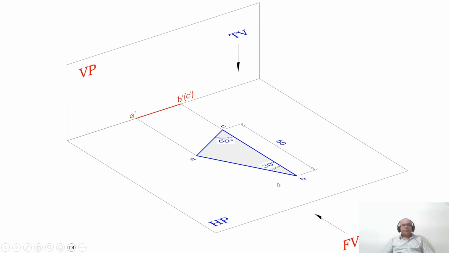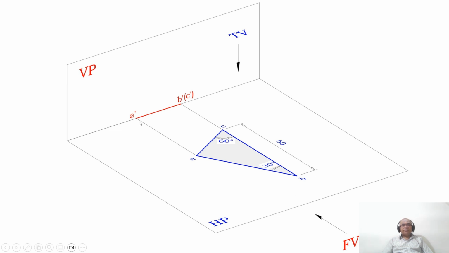When you look from the front view, the image will fall on the vertical plane. Since the entire surface is perpendicular to VP, when you look from the front view, you get a line in the vertical plane. And here, this side is a corner and this side is the longest side. How do I know that this is a corner? When you look from the top view, you can see this point, A, which is the corner, and B dash C dash is the side seen here in the top view.